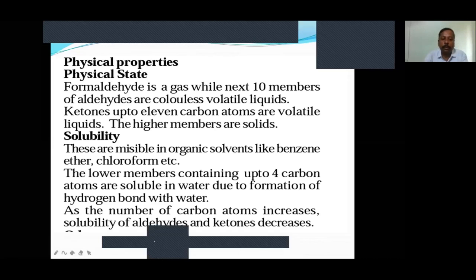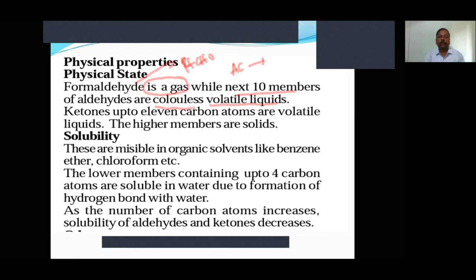Physical properties. Formaldehyde, HCHO, is the only gas among the first members. From acetaldehyde onwards, they are volatile, colorless liquids. Volatile means it can evaporate from the liquid form.